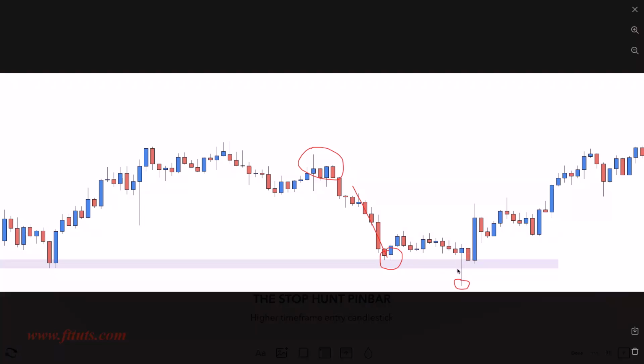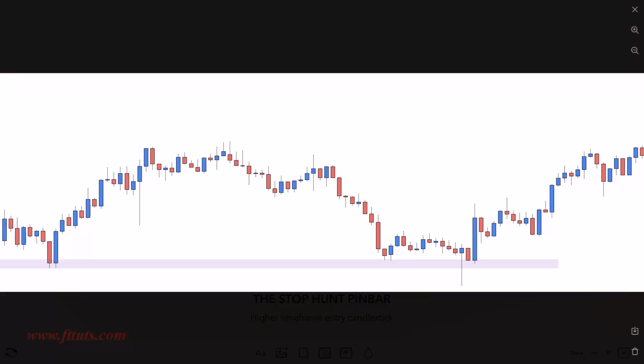Again, this may look a bit complex on the lower time frame, where we may not get an entry. So what we can do is look for higher time frames like the 4, the 6, the 8, the 12 hour, and wait for prices to close, go down, look like a stop hunt, and close above.